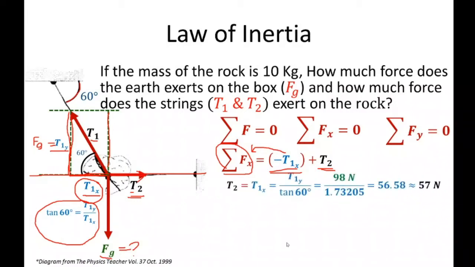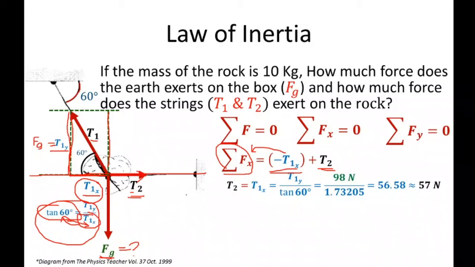So writing it here, we have our T2 equal to T1x, wherein our T1x is equal to T1y over tangent 60. So we rearrange this one: we just switch this one to that place right there, and then our tangent 60 replaces T1x. So that is how you manipulate the equation. So substituting values now, we have our T1y, which is equal to Fg.